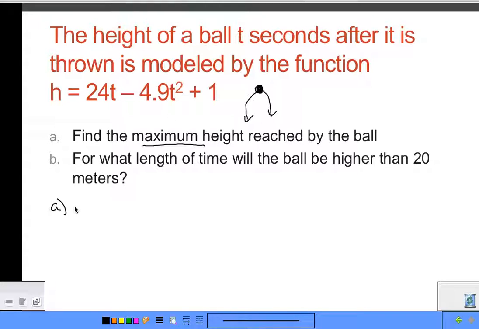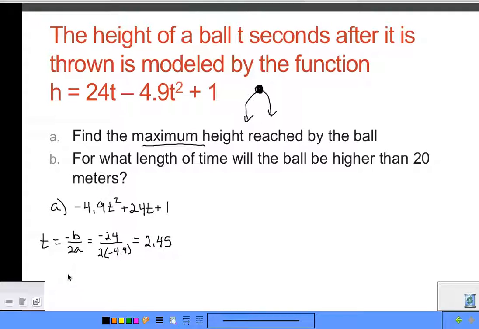So I'm going to write this in standard form here: negative 4.9t squared plus 24t plus 1. So our x coordinate, or in this case our t coordinate, the time, is the opposite of b over 2a. So we have negative 24 over 2 times negative 4.9. And that ends up being 2.45.